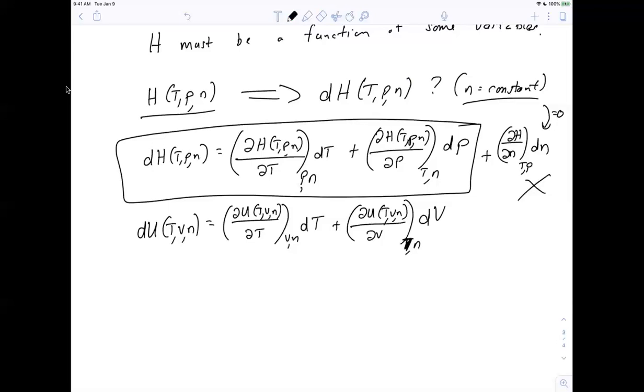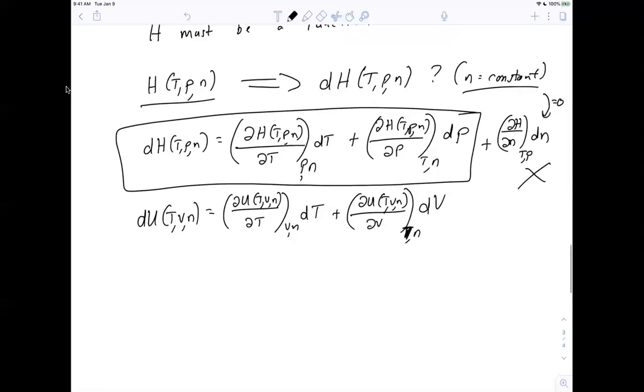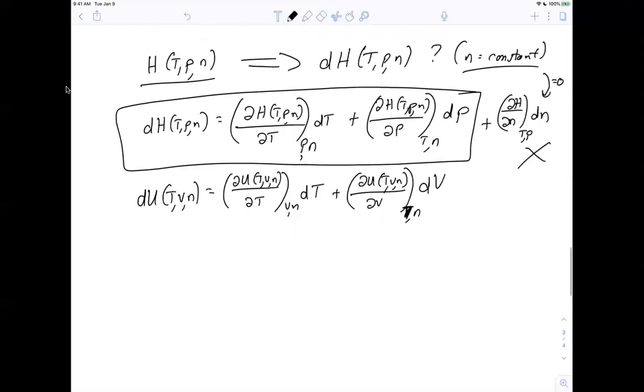Just as we saw for U, you write the total differential of H. Any questions, comments? Okay, great. So a few points. Point number 1. This is something to think about on your own or reflect on if it's not clear right now and you don't want to discuss it, or if you feel comfortable just thinking about it on your own, that's fine.